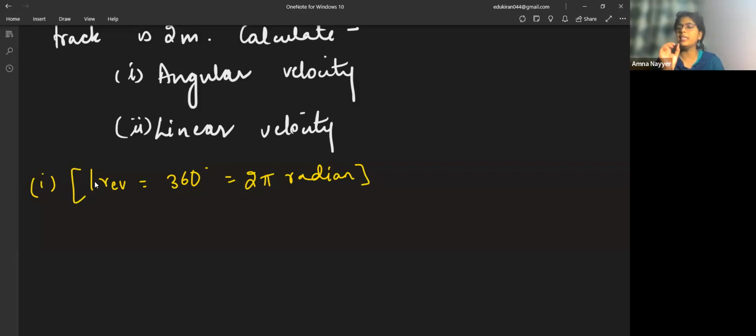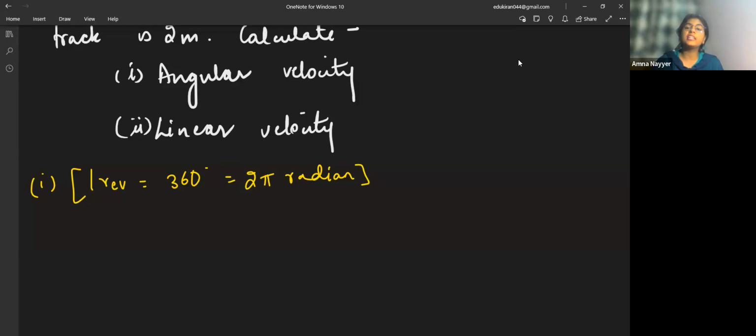Please remember this relation for circular motion, because most questions are written in terms of revolutions, and since your SI unit is radian, you have to convert every time. So one revolution is 360 degrees, that is 2 pi radian.